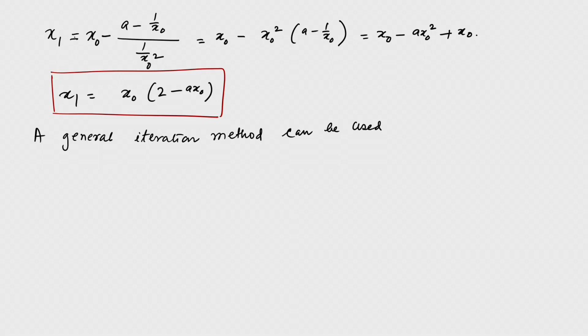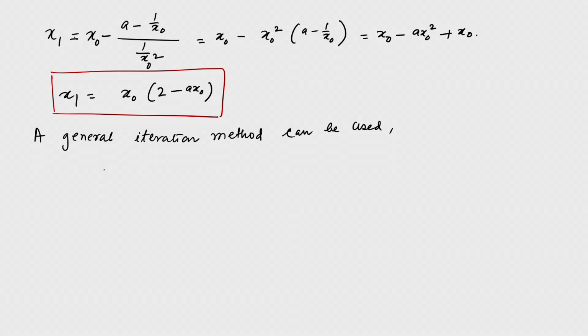We can continue it for any x n plus 1 and x n, so x n plus 1, the new approximate root, is equal to x n times (2 minus a x n), the old root, for n greater than or equal to 0.